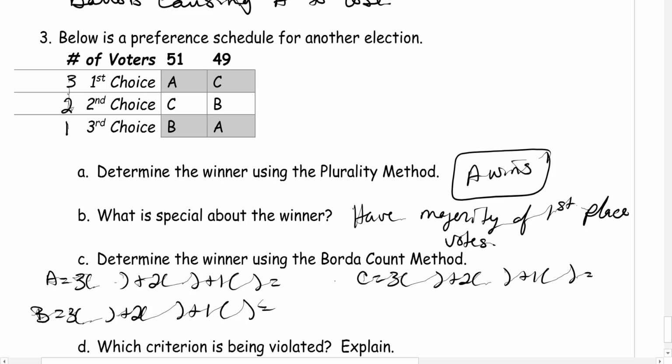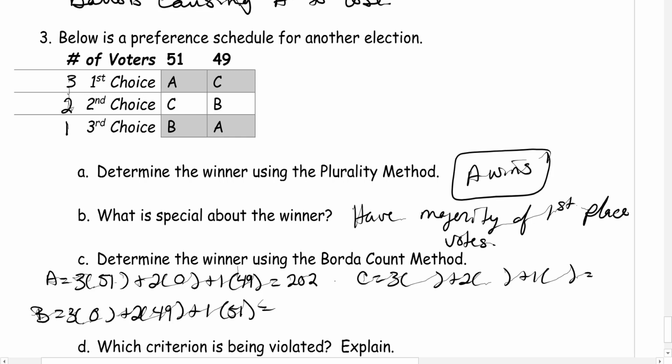So A had 51 first place votes, so 51 times 3. And they didn't have any second place votes, and they had 49 last place votes. So 3 times 51 plus 49, and that gives you 202. And candidate B doesn't have any first place votes. They have 49 second place votes, and they have 51 last place votes.